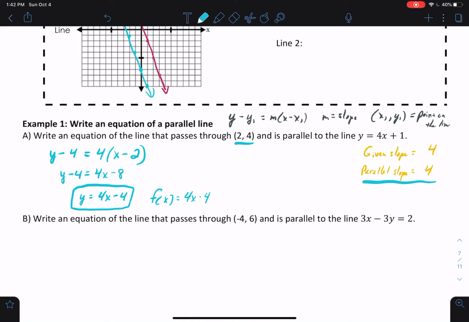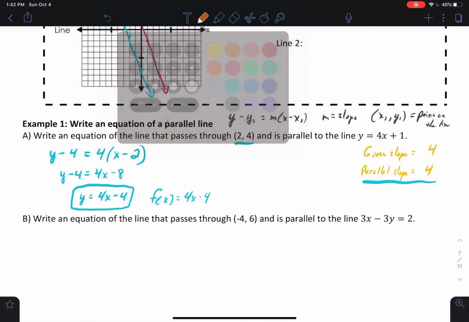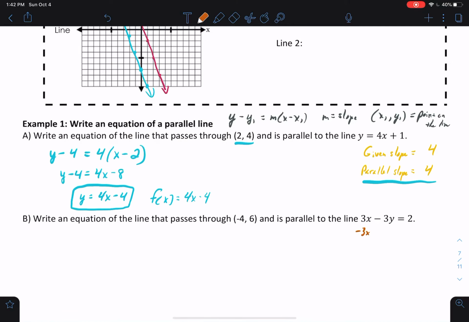What about part B? B is saying, write an equation of the line that passes through the point (negative 4, 6) and is parallel to the line 3x minus 3y equals 2. The first thing I have to do is get my given line into slope-intercept form. So we get negative 3y equals negative 3x plus 2.